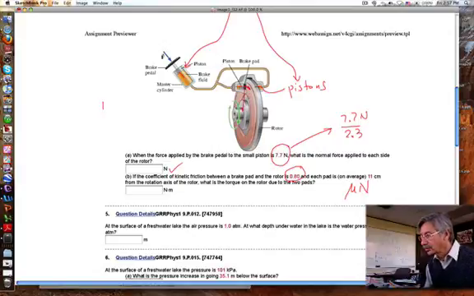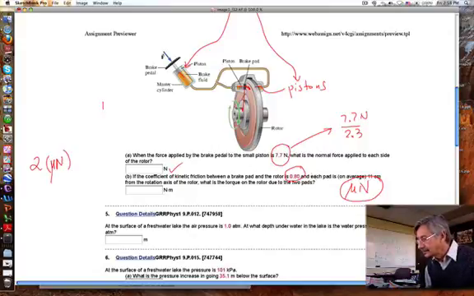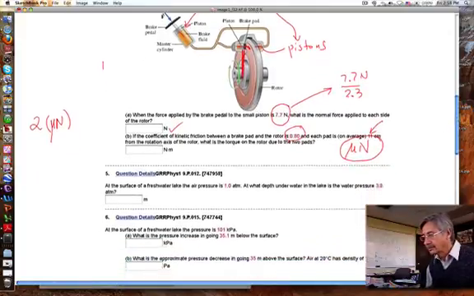So the torque is twice this force. The total torque adds up, so the torque from one side adds to the torque from the other side. The force is that, and the distance for the torque is the distance from the axis of rotation, this distance here. All of the numbers are given, so that should be pretty straightforward.